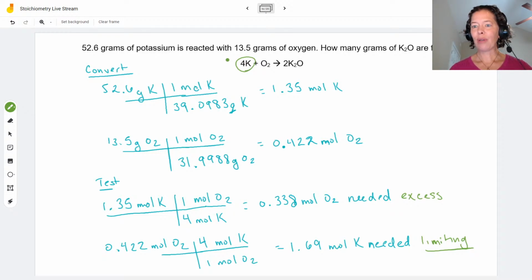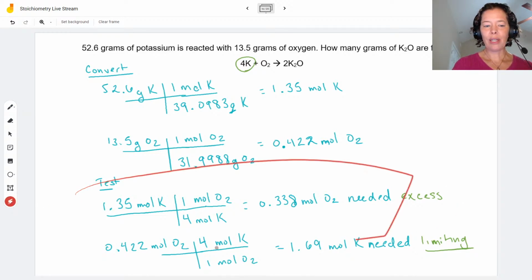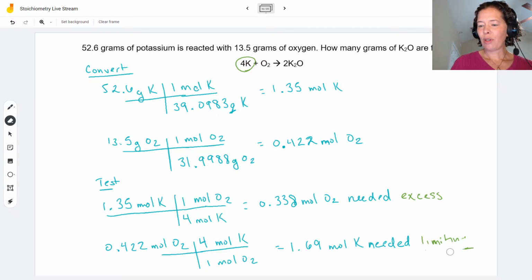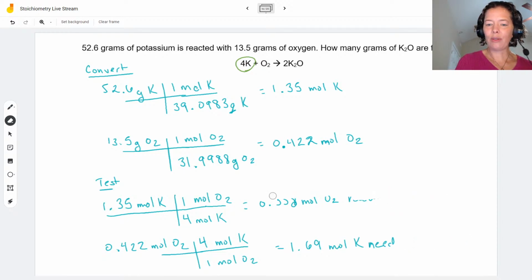Now I'm kind of running out of space here. So because I have identified my limiting reagent, I'm just going to delete these tests here because I want to keep my moles here. So I am just going to erase this so I have space to do my actual stoichiometry.